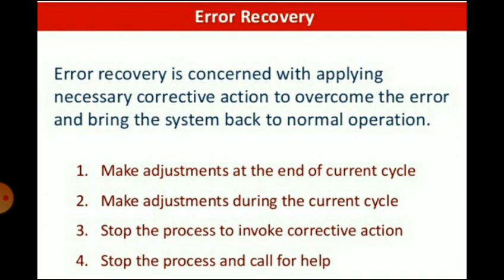At the end of corrective action, the regular work cycle is continued. And fourth is stop the process and call for help. In this case, the error cannot be resolved through the automated recovery system. Human assistance is required to correct the problem and restore the system to fully automated operation.